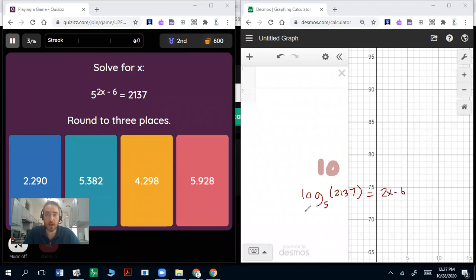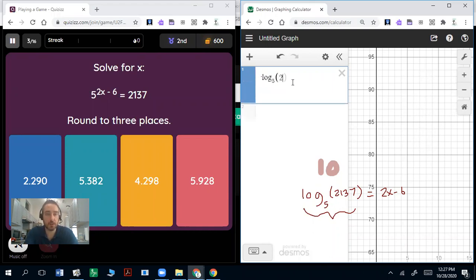So we're going to evaluate log base 5 of 2137. Log, shift minus 5, right arrow, parentheses, 2137, close it up, 4.763873. So 4.763873 equals 2x minus 6.